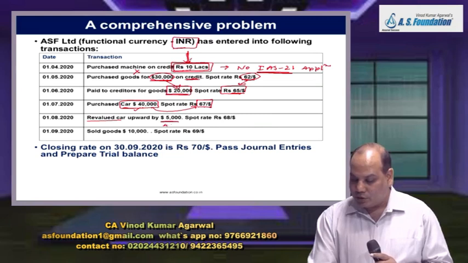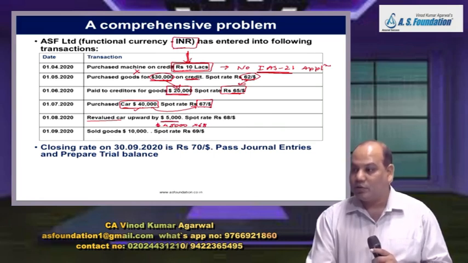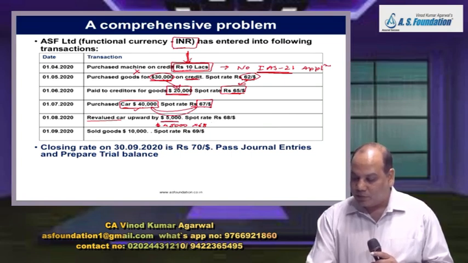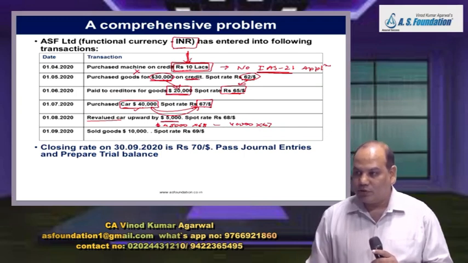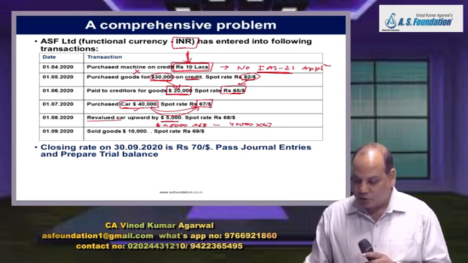So now the value of the car will be $45,000. And now the rate is 68. So it will be valued at 45,000 into 68. Compare that with the previous carrying amount in the books, which is 40,000 into 67, and that is your exchange difference, or that is your revaluation gain.